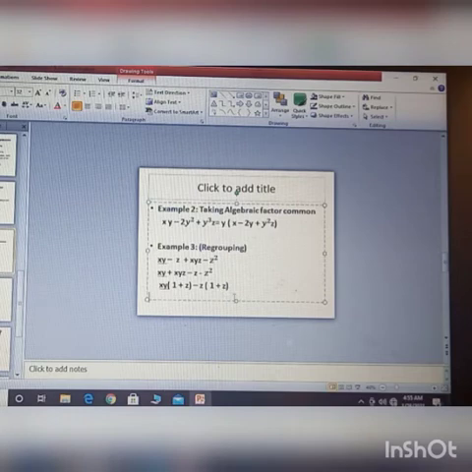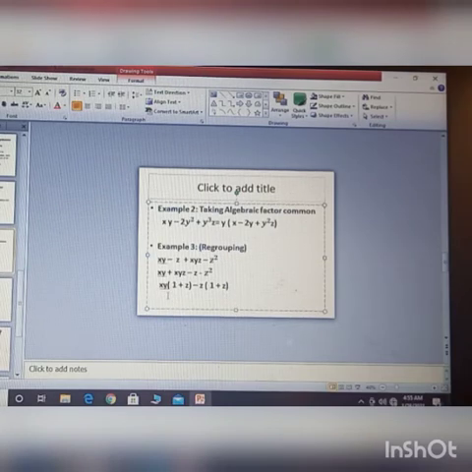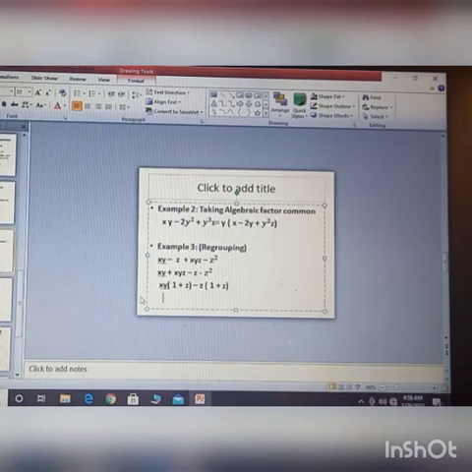And the last step to do here, after which this factorization will be completed, is very easy. You see 1 plus z and 1 plus z. This is present in both these two groups. The important thing to understand is that the terms within the bracket will be the same, 1 plus z, 1 plus z.